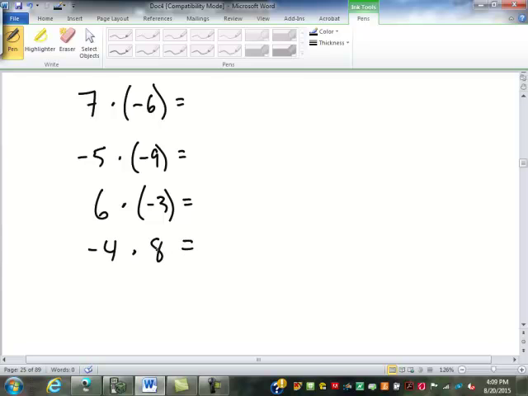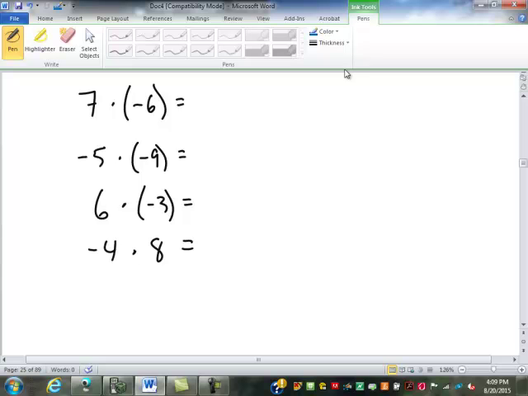Try those 4. So the only thing different about these from any other multiplication we do is we have to decide what sign it is, whether it's positive or negative.